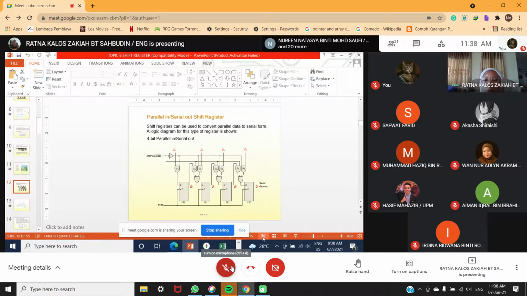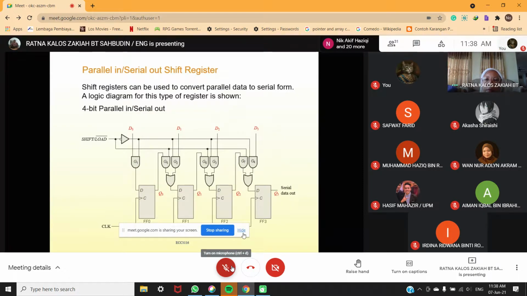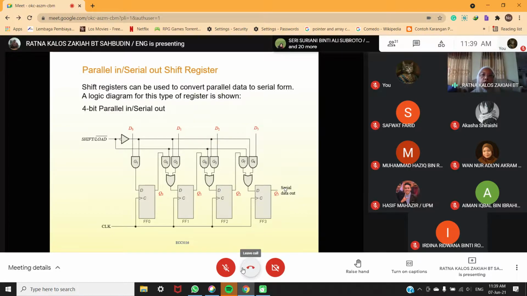Okay, so continue here. Today we continue with parallel in, serial out, shift register. Shift registers can be used to convert parallel data to serial form.